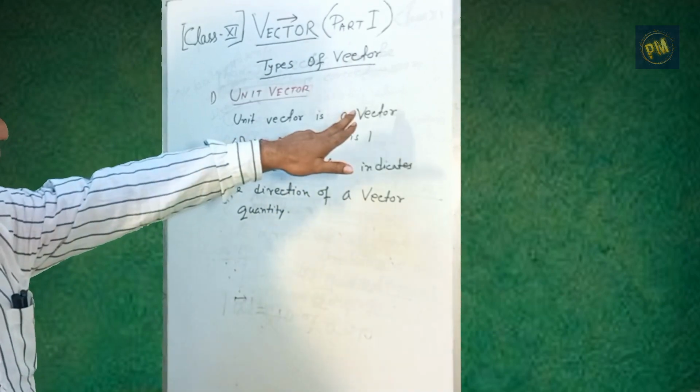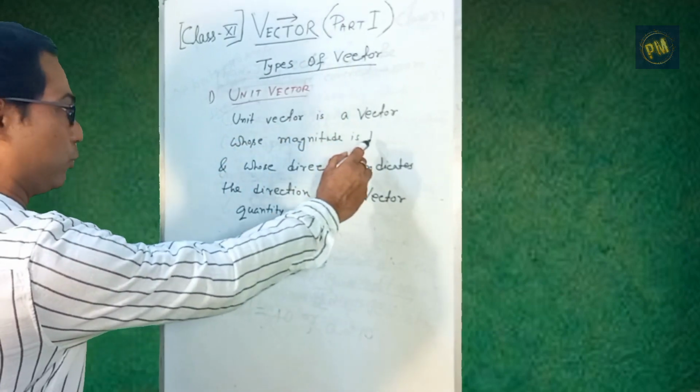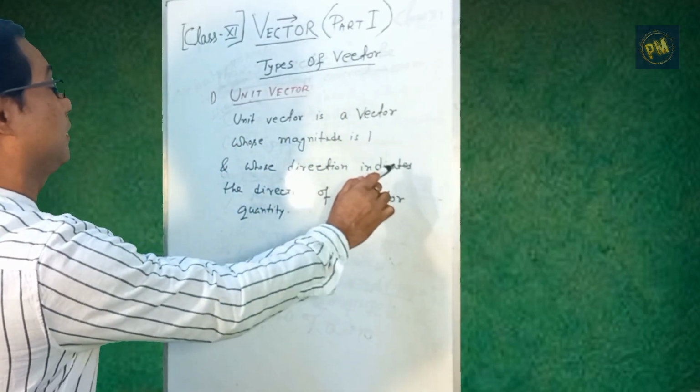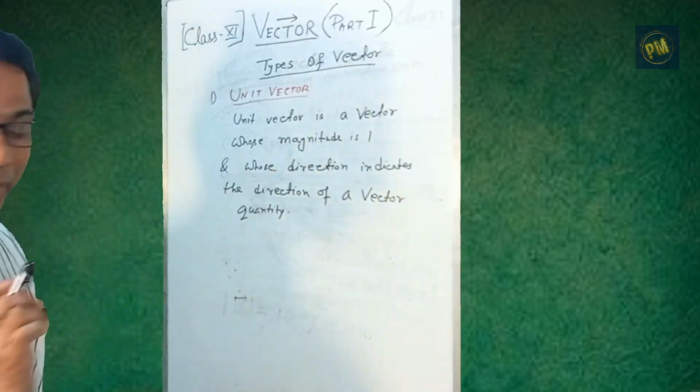So unit vector is a vector whose magnitude is 1 and whose direction indicates the direction of a vector quantity.